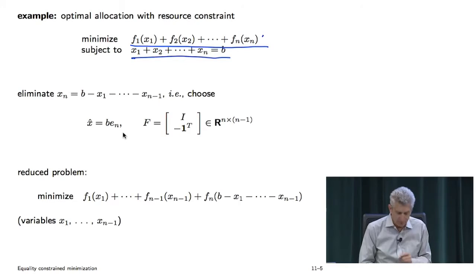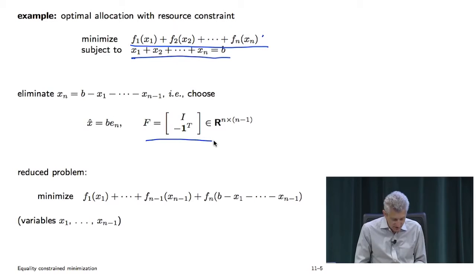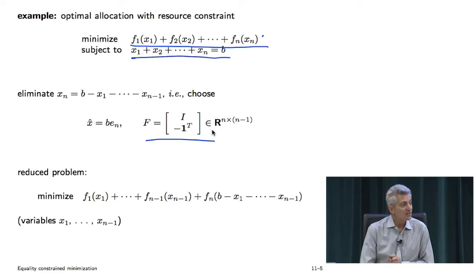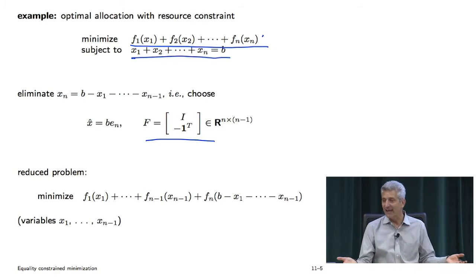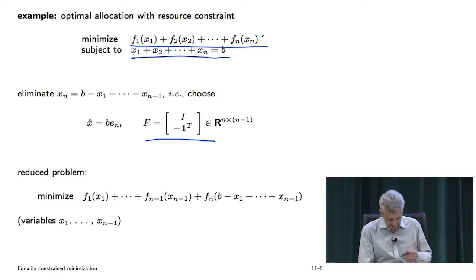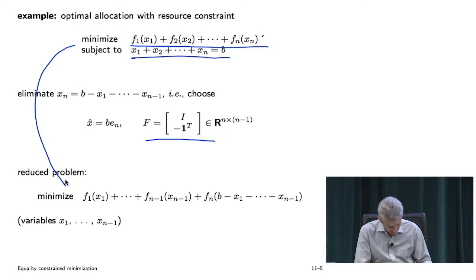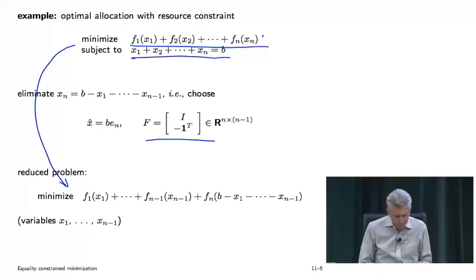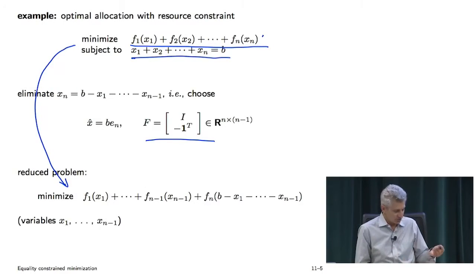Here's a matrix whose range is exactly the null space of A. A is the row vector of ones, and its null space is all vectors which sum to zero. So this transforms to that, and that's unconstrained. By the way, whatever you can say about this problem, you can solve it super fast. Actually, we'll get to that, because we're going to see there's a way to exploit the structure directly.